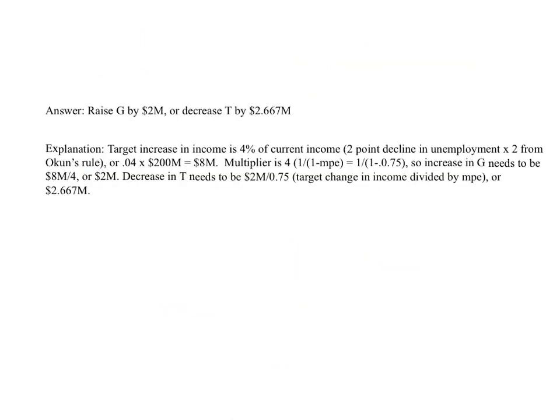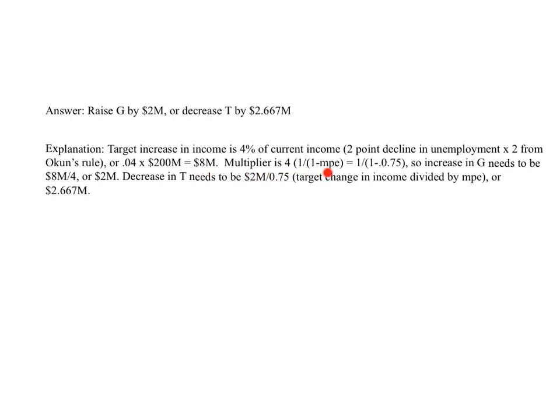So here's our final answer: we recommend that we either raise government spending by $2 million or decrease taxes by $2.667 million. And just for your reference, here is an explanation of what we did. Target increase in income, 4% of current income: 2% decline in unemployment times 2 from Okun's rule. 0.04 times 200 is 8 million.